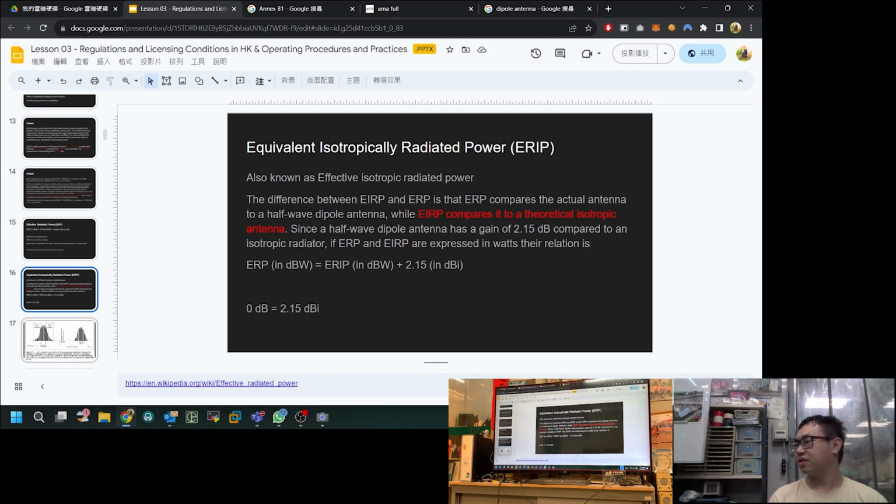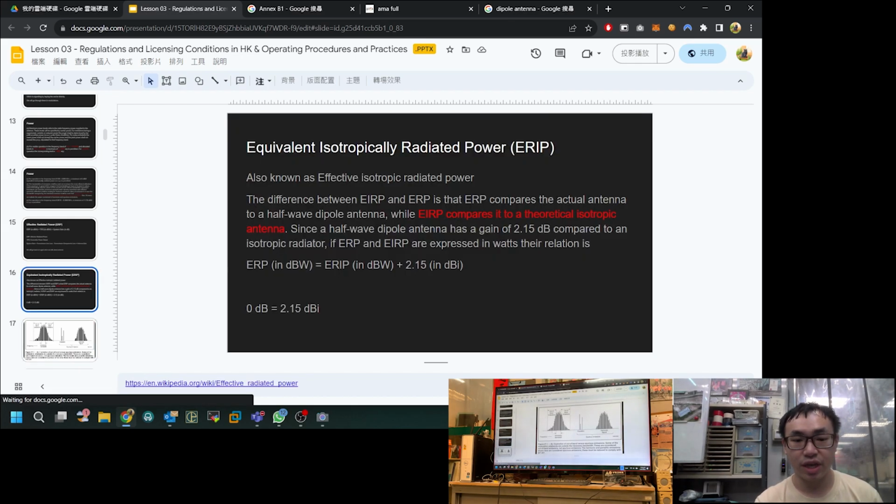And the effective power would be called ERP as well, or something else? ERP. They will just measure the final result. So your ERP is the end result, and EIRP is theoretical, using an isotropic radiator. Yeah, we can say it in this way.